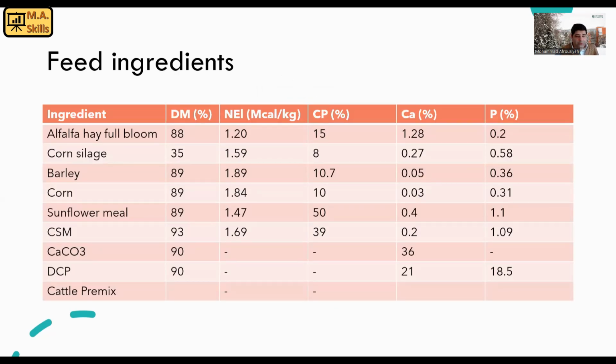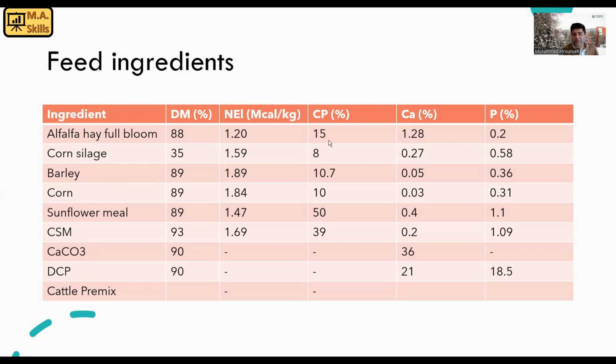So let's go and balance the forage part. In this scenario, I have decided to go with these ingredients that you can see here. And of course, it's the nutrient composition of these ingredients that I have extracted from the nutrient composition of feed ingredients from NRC. And for the forage part, you can see I'm going to use alfalfa hay.